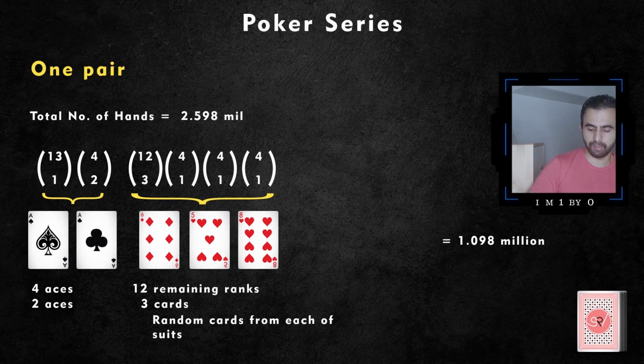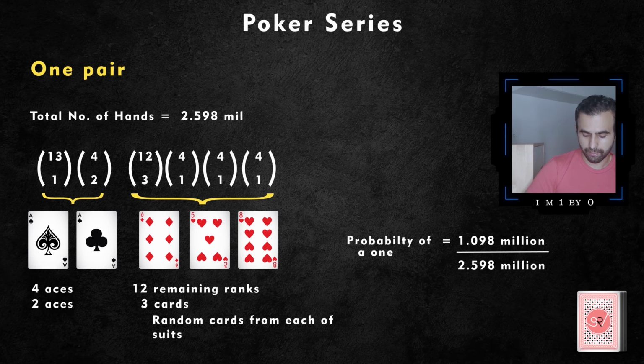Approximately, I'm not going into the decimal places further, right? Now here I found out the total number of hands in a one pair, that is 1.098 million. When I divide this by 2.598 million, I get the probability of a one pair.